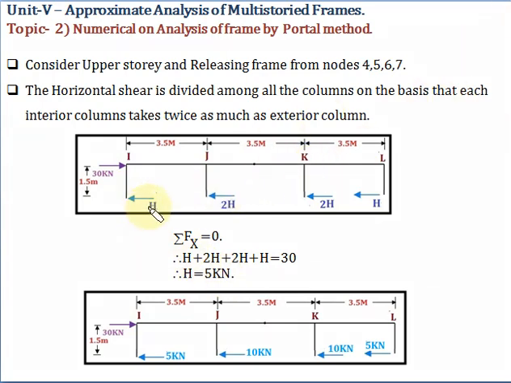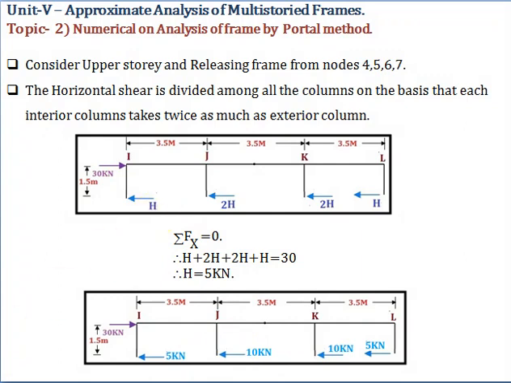So H plus 2H plus 2H plus H, that is 6H, equals 30. Dividing 30 by 6, we get the value 5. So the value of H is 5. At the interior column it will be double of that, that is 10 kilonewton. In this way we have found the value of H.